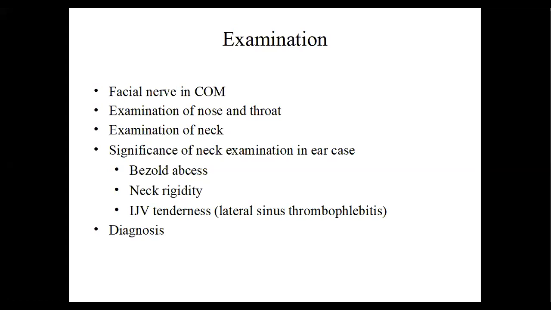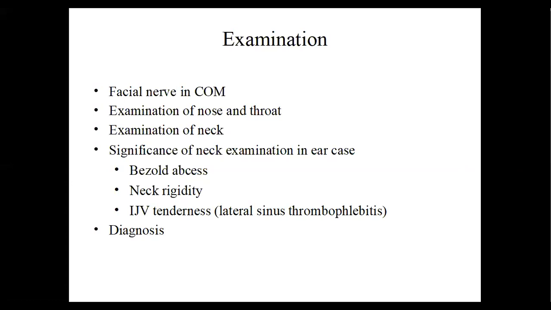Then presence of neck rigidity, that is neck rigidity because of meningitis secondary to the ear cause or the chronic otitis media. So you have to examine the neck. Then examination over the internal jugular vein to rule out any tenderness. If there is tenderness, that says there is a possibility of active sinus thrombophlebitis. So these are the various reasons you will be examining the neck in a case of chronic otitis media.